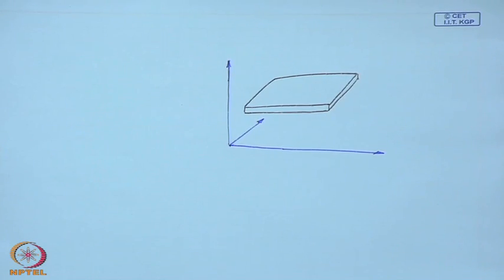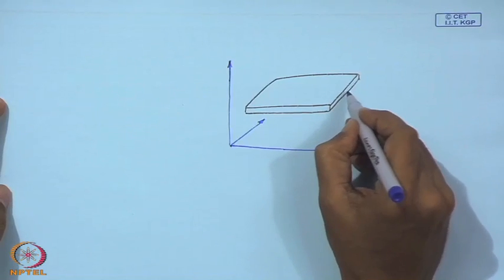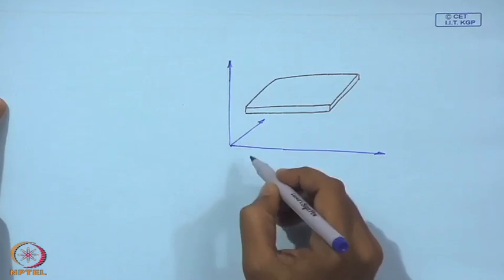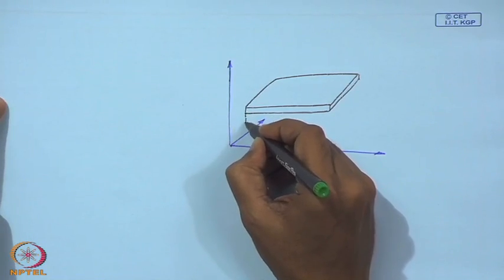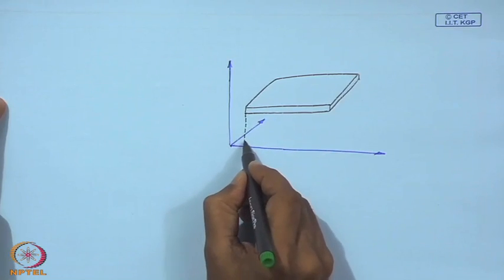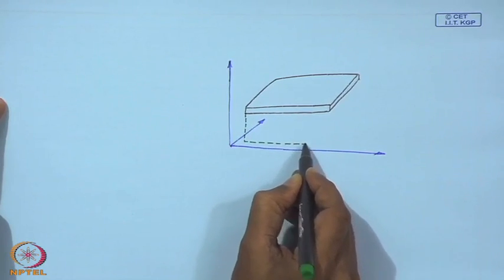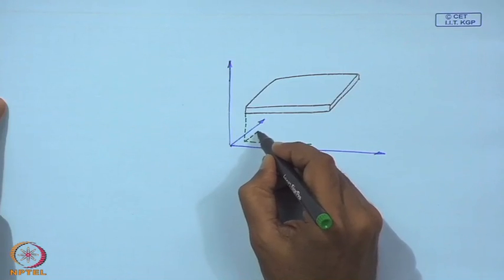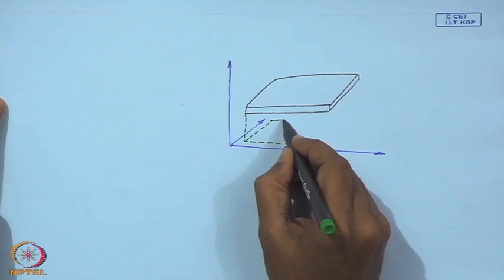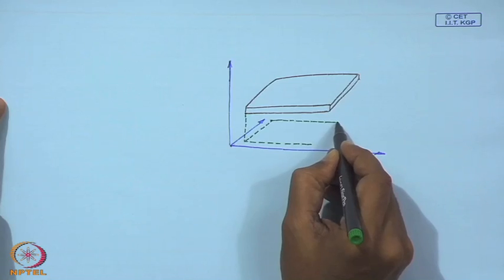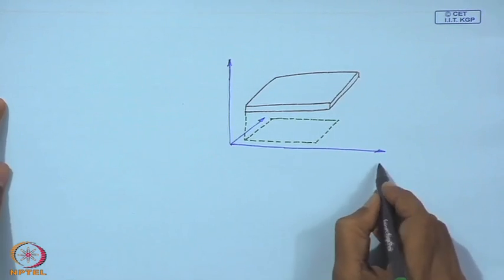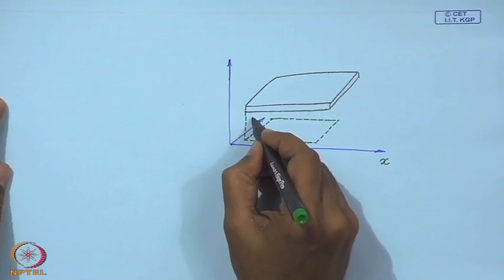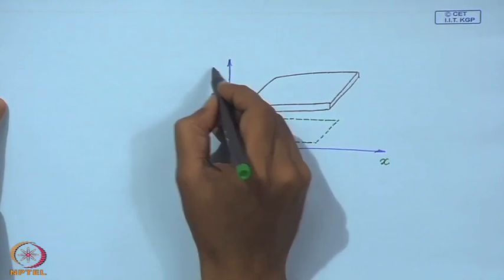Here I have considered an element of this membrane, which was initially flat on the x y plane.